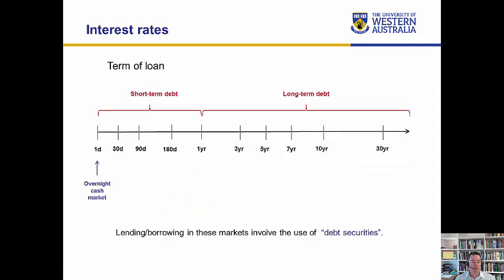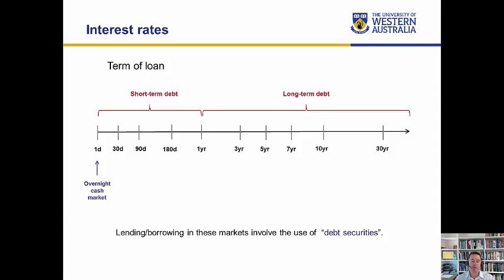Okay, so one of the big important distinctions that we'll make here is the term of the lending. We're in wholesale debt markets here, not retail debt markets, and we've got different terms of loans, and I've just drawn in some of the more common ones. What I haven't drawn here is, for example, 2 years or 4 years.